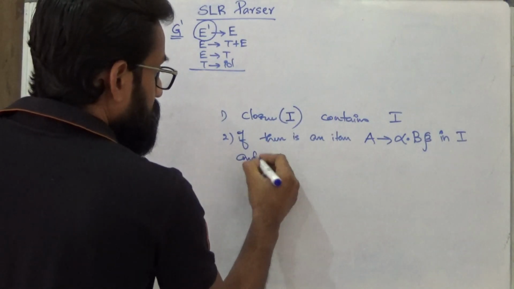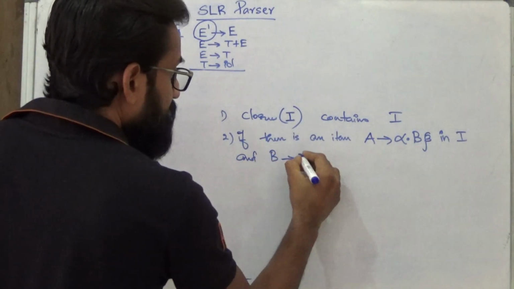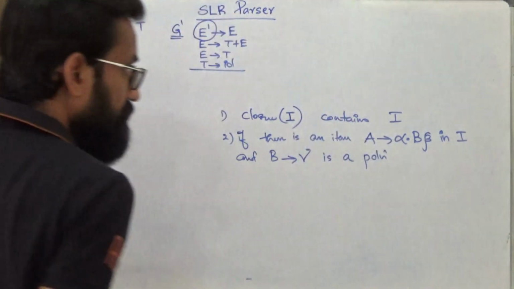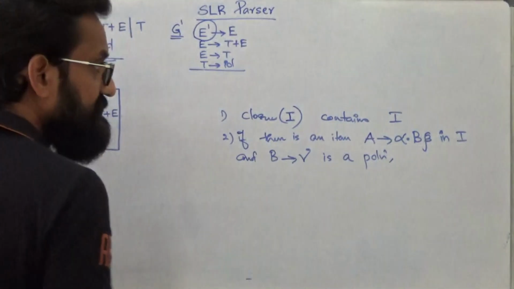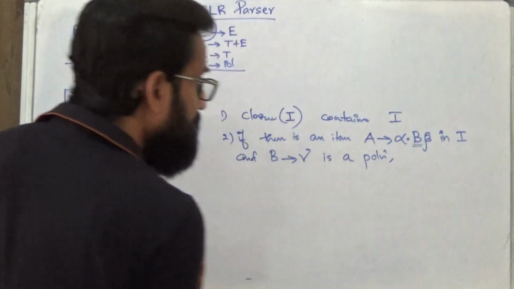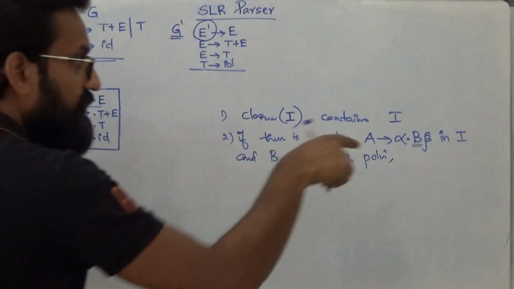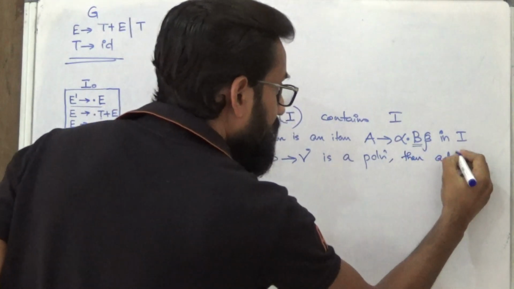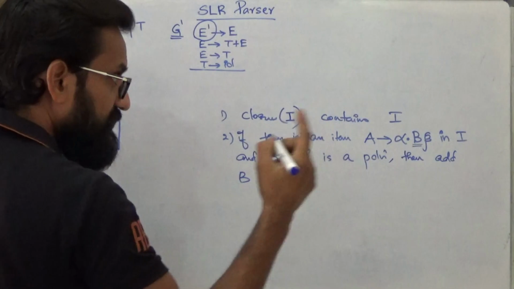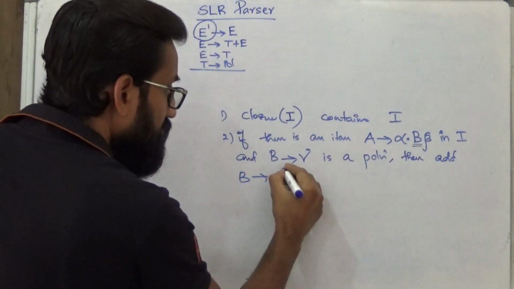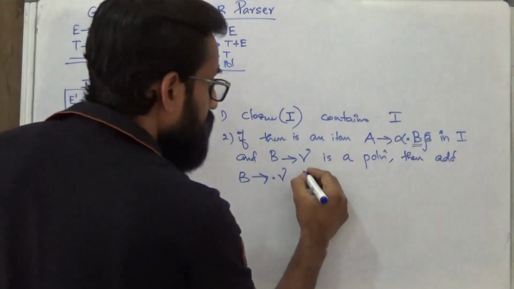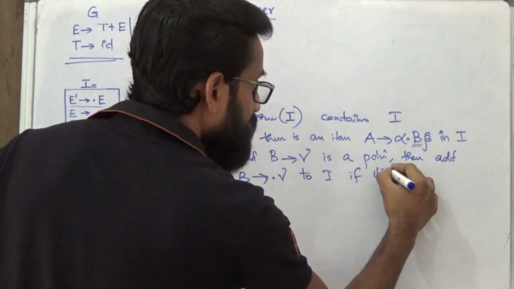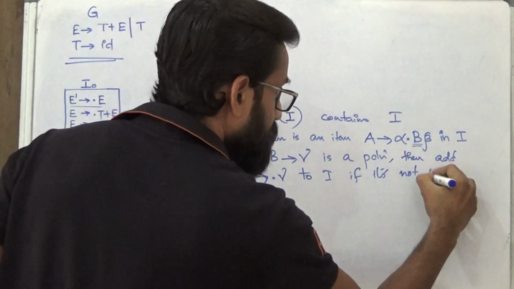and B giving gamma is a production, then you can add B giving dot gamma to I if it is not present.